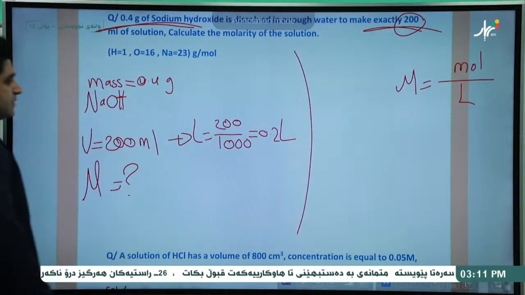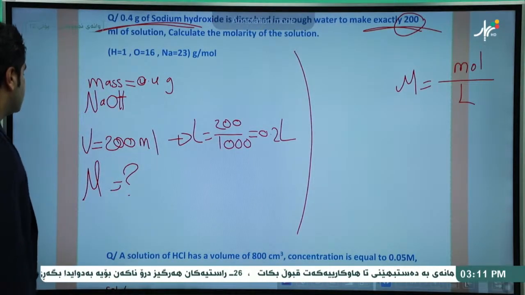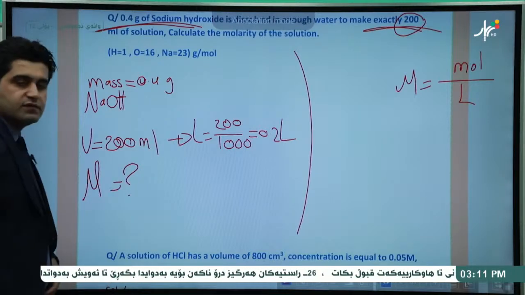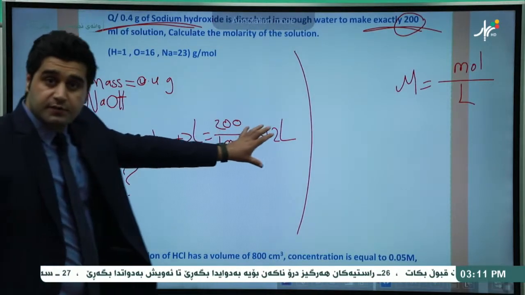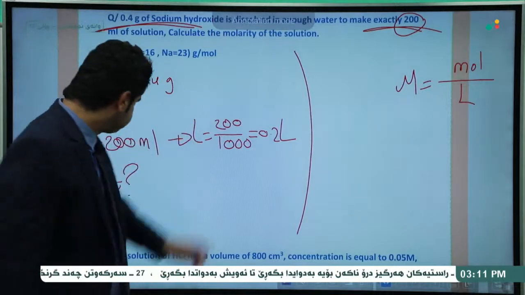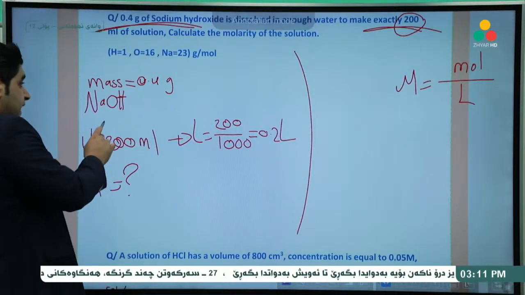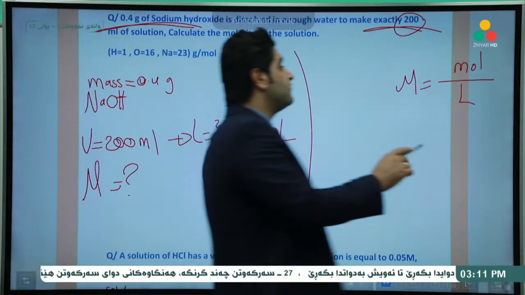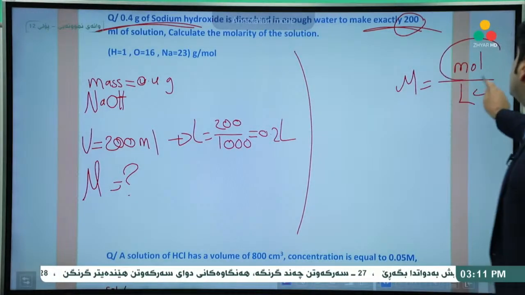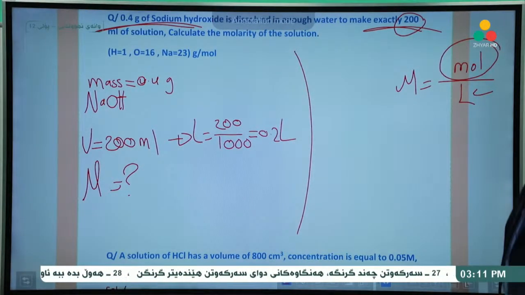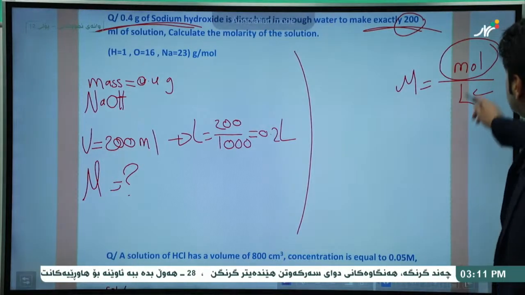Okay, so it's about the volume. We solved the problem about the volume. Now we have the volume in unit of liter. But what about mole? Oh, teacher, we don't have mole. So what do you have to do?